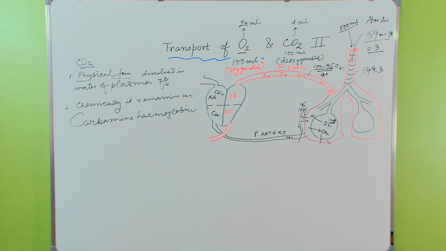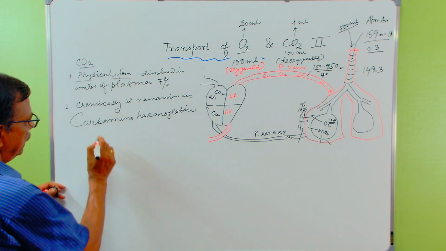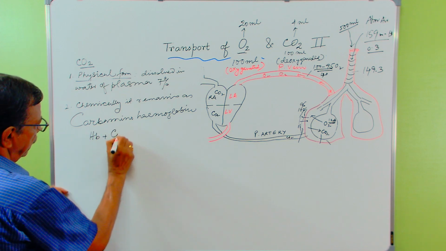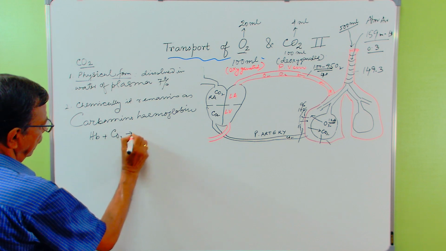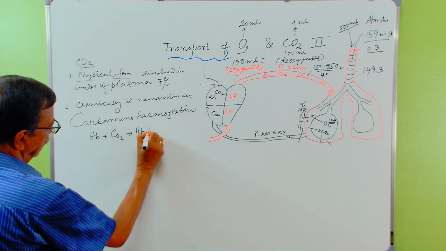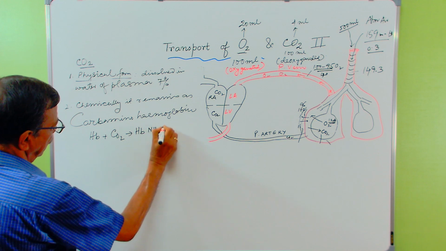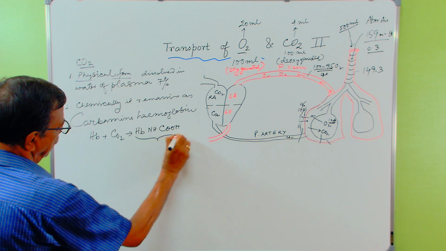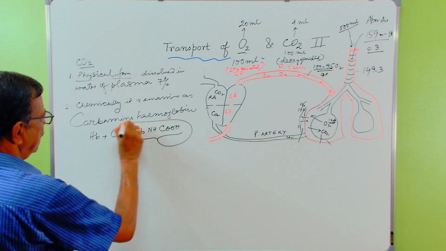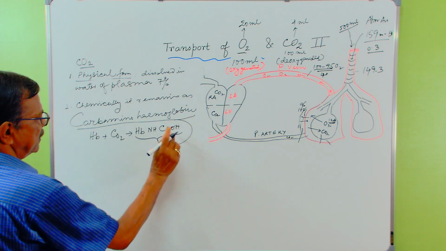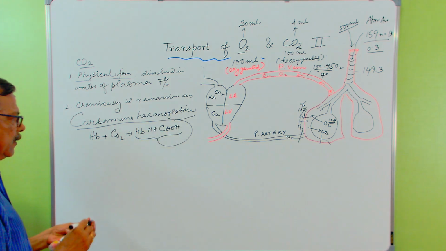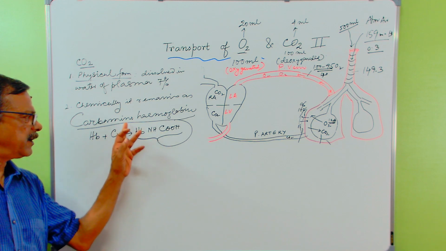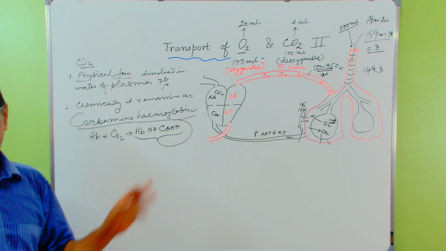The formula is Hb plus CO2 gives HbCO2. In the hemoglobin, the carbon dioxide remains attached with the amino group.